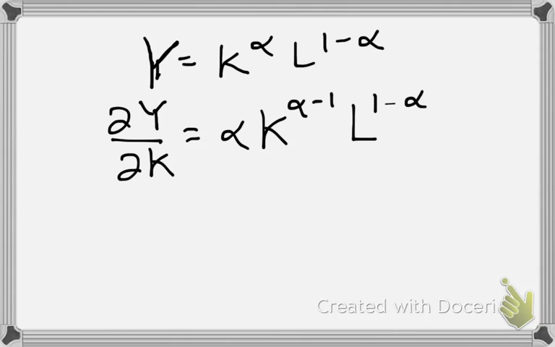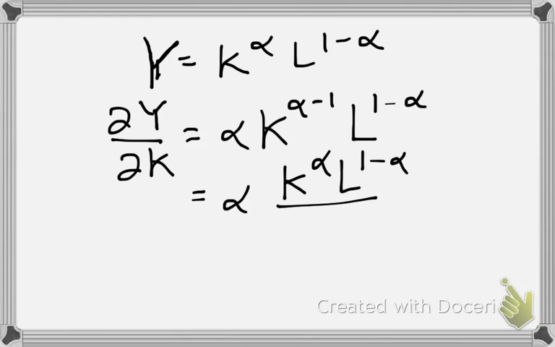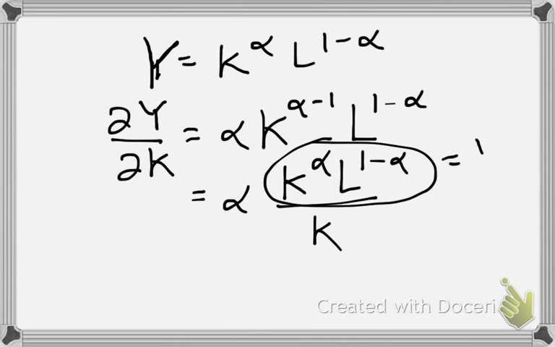And we can then rewrite that as alpha k to the alpha l to the 1 minus alpha divided by k, and remember that this term is just equal to y, so we get alpha times y over k, and that's the marginal product of capital.